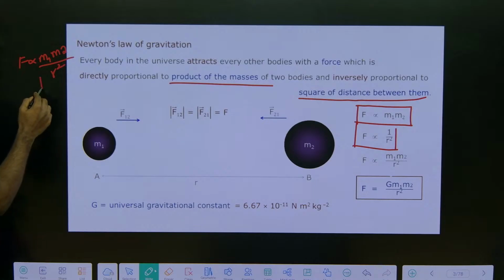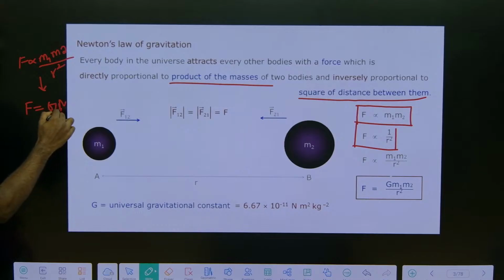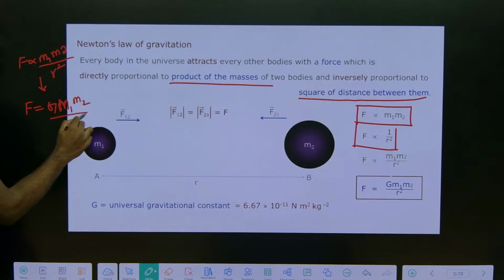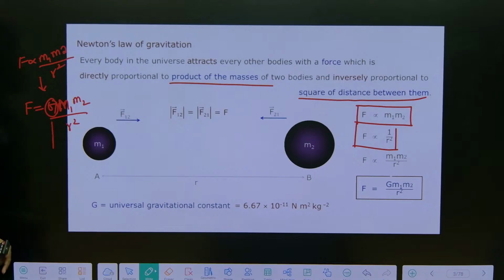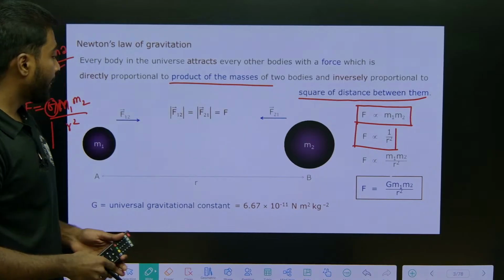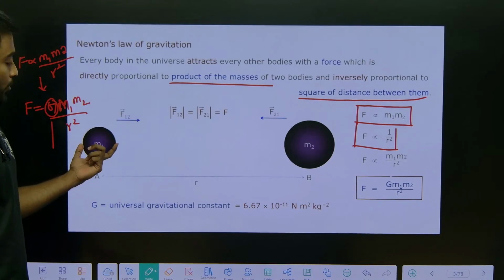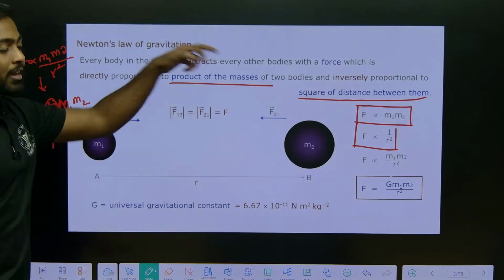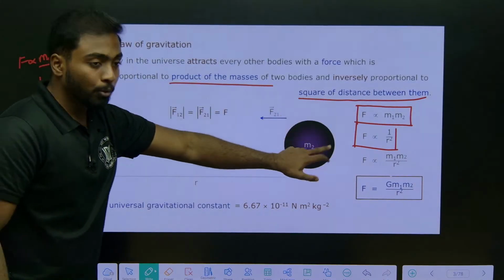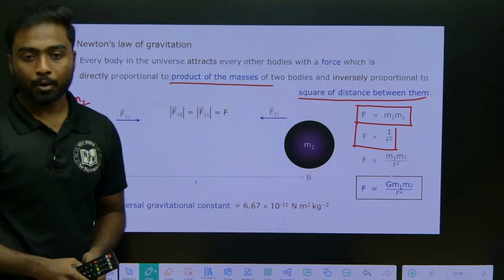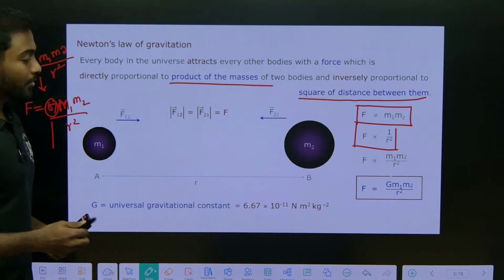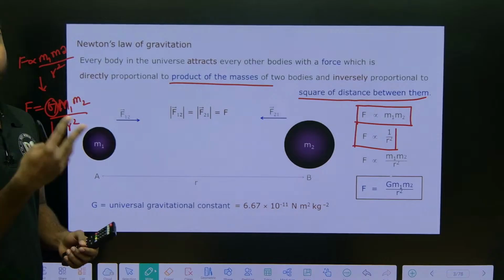So to remove the proportionality, we add a constant called G, the gravitational constant. The force exerted by m1 on m2, or by m2 on m1, will always be equal, only it will be in the opposite direction.